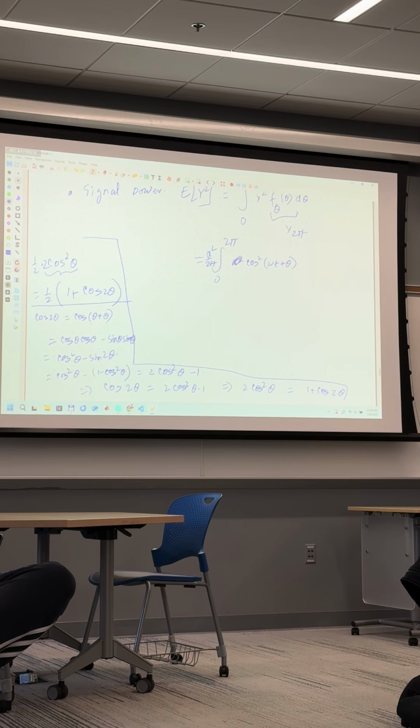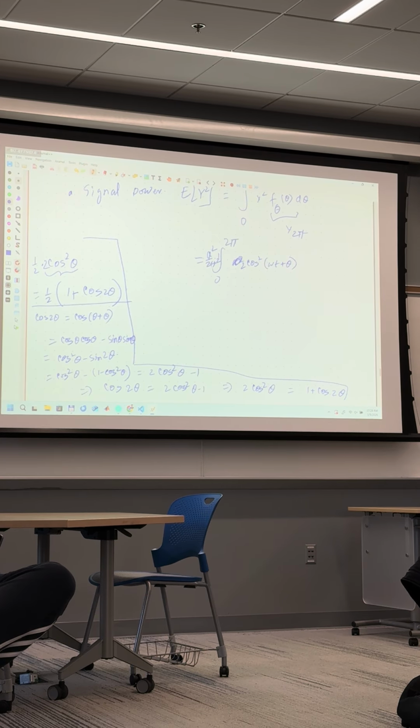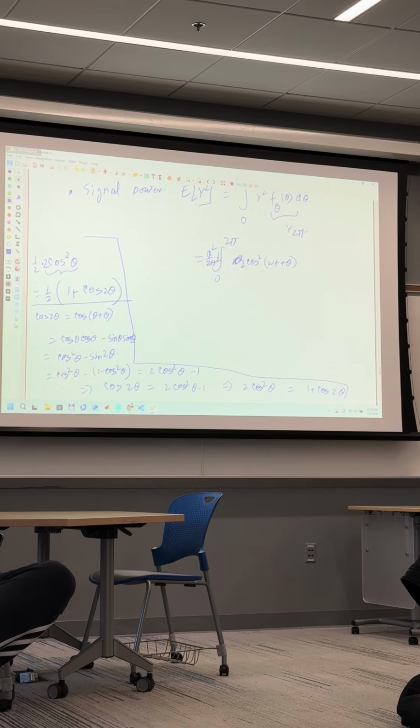So you can just bring the half here, and you can bring 2, and then you can write 1 plus cosine 2 of this quantity d theta, and then I am going to directly write down the answer. It is going to be A squared.